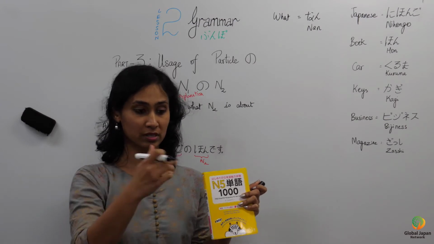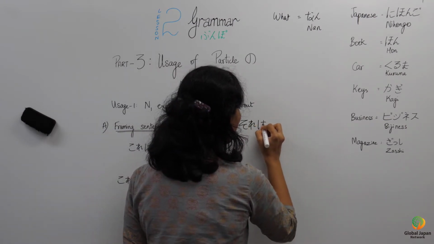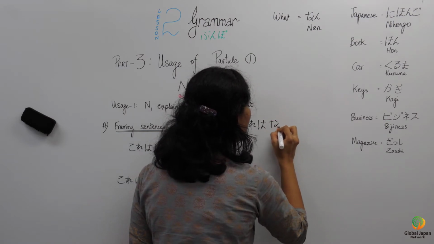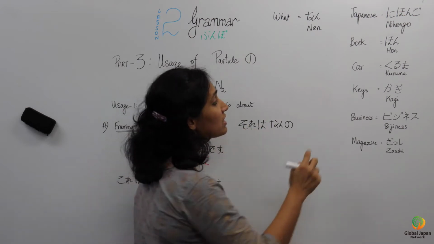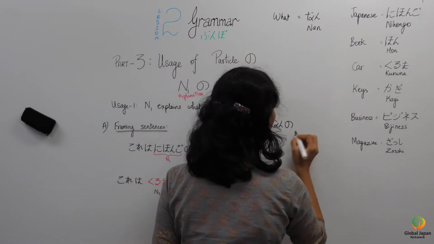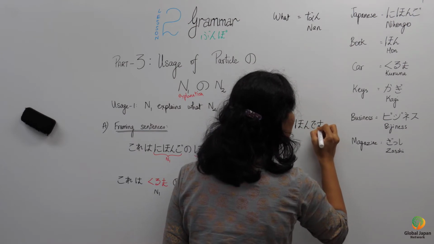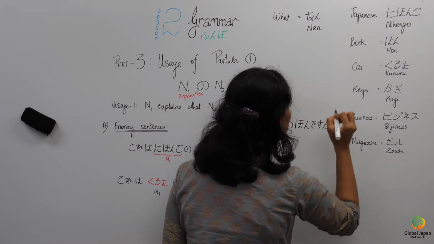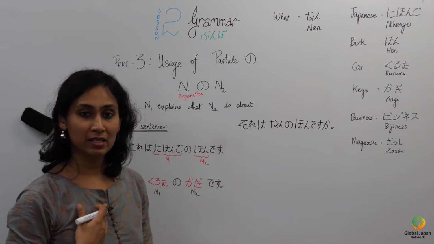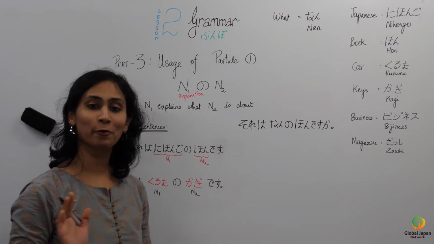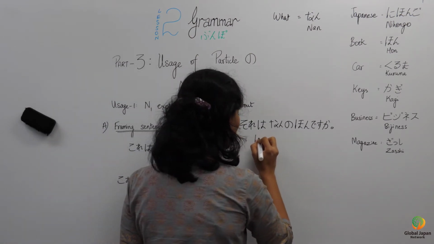Sore, because the object is near me. Sore wa nan no. What is this object? Book. What is the Japanese word for book? Hon. Nan no hon desu ka? This is your question. My answer would be Nihongo no hon desu.